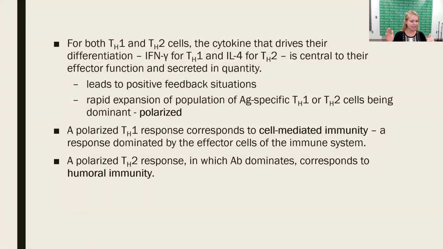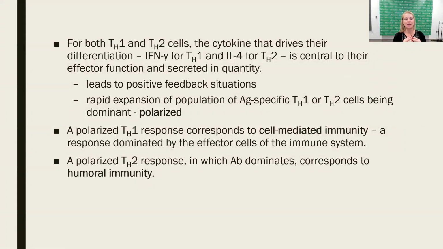When you have a T helper 1 polarized situation, you have more inflammation and you tend to see cell-mediated immunity. It's dominated by the T cells. The T cells are doing the work, and they're getting macrophages to be better at the work they do, but it's all really T cell driven. On the other side, a T helper 2 response is getting B cells to respond and make IgE.